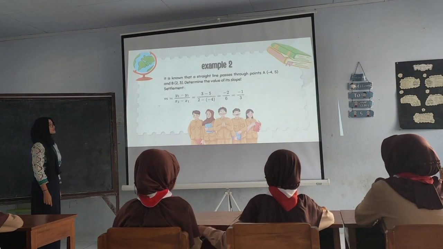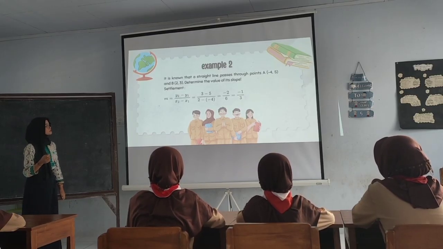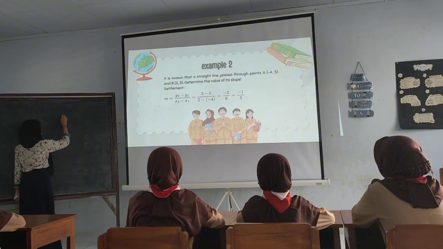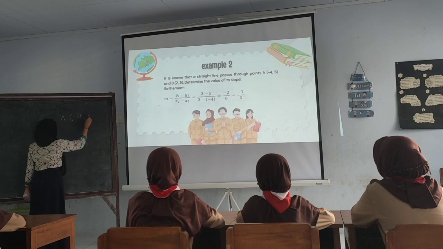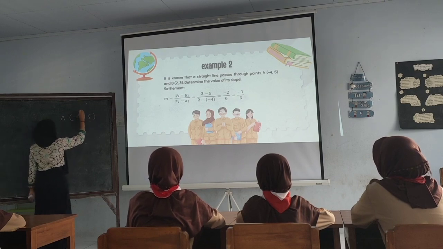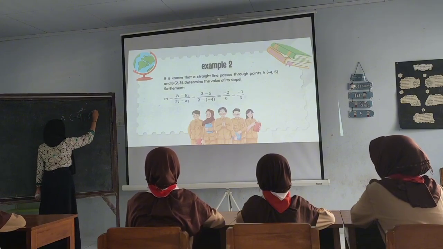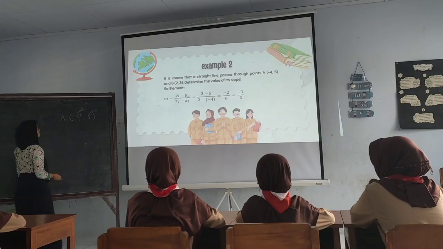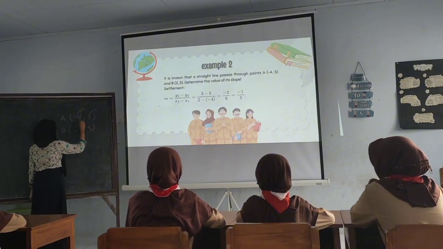The example: it is known that a straight line passes through point A(-4, 5), where -4 is x1 and 5 is y1, and point B(2, 3), where 2 is x2 and 3 is y2.